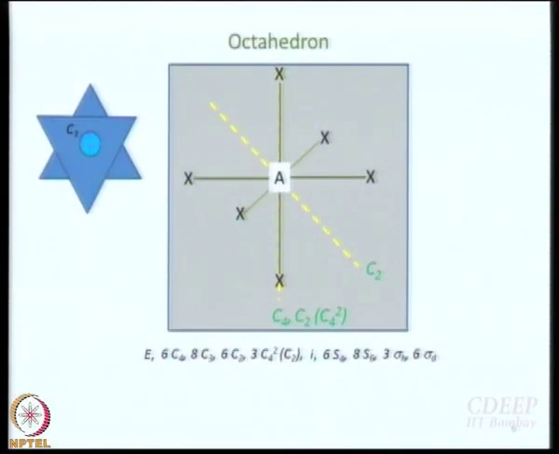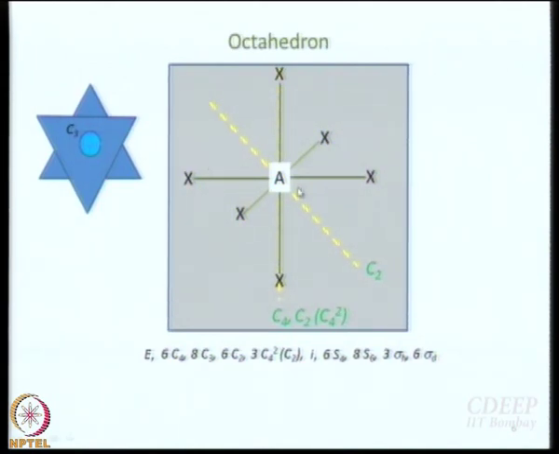Okay, anything else? Sigma d, where is sigma d? I have not drawn it. Sigma d will be along these C2, right? And what do these sigma d's do? They bisect the angle between this C2 and this C2. That is why they are called sigma d's.